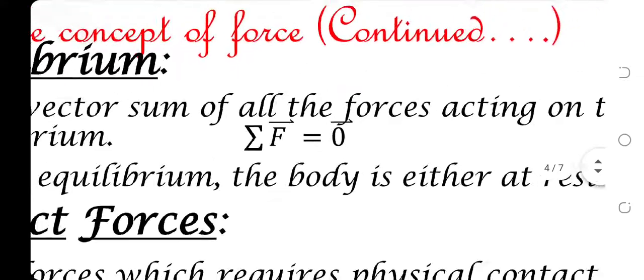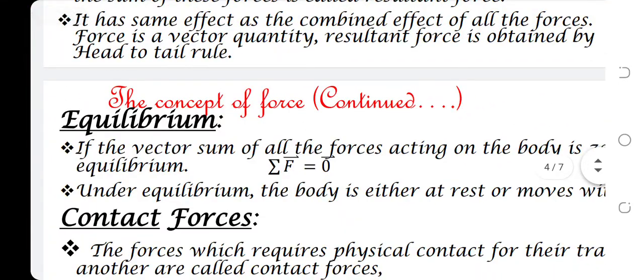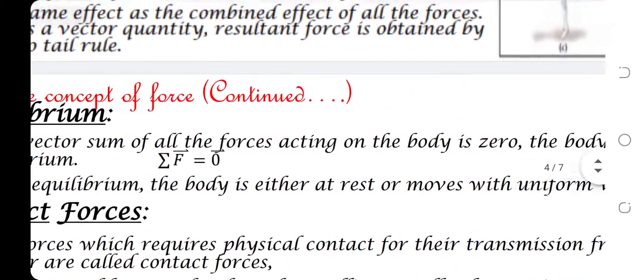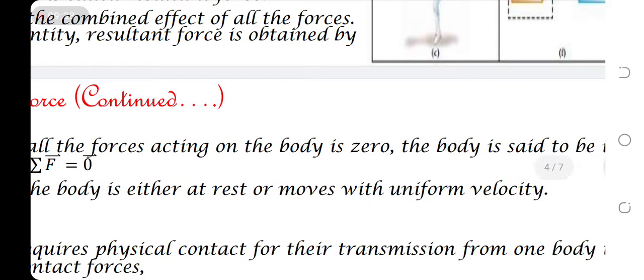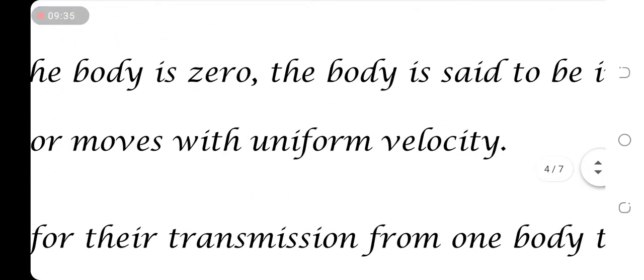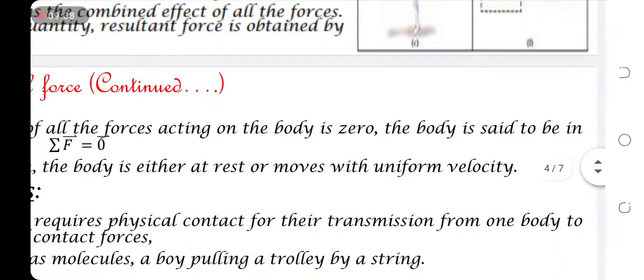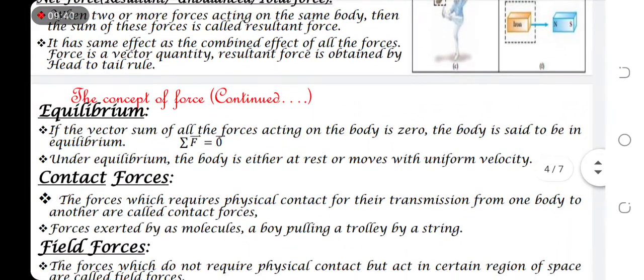This is the vector sum of forces that results in zero. Under equilibrium, the body is either at rest or moves with uniform velocity. In other words, the body has zero acceleration.